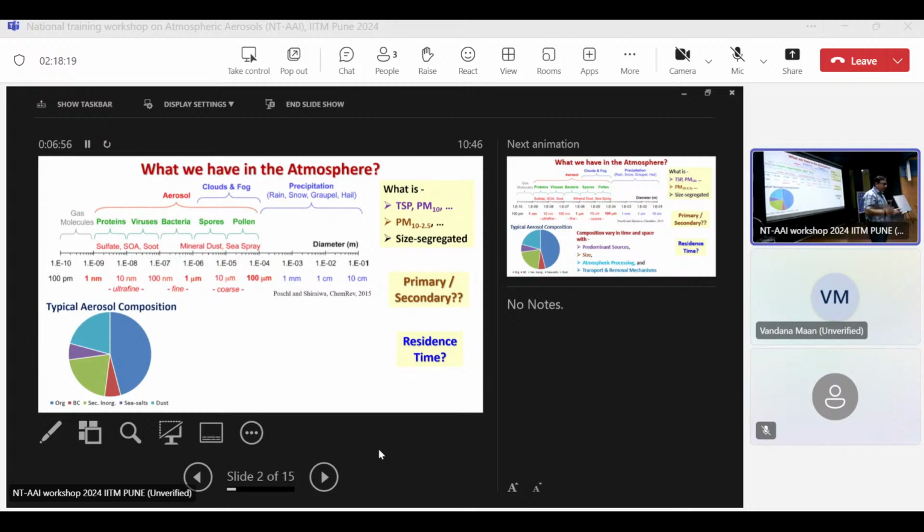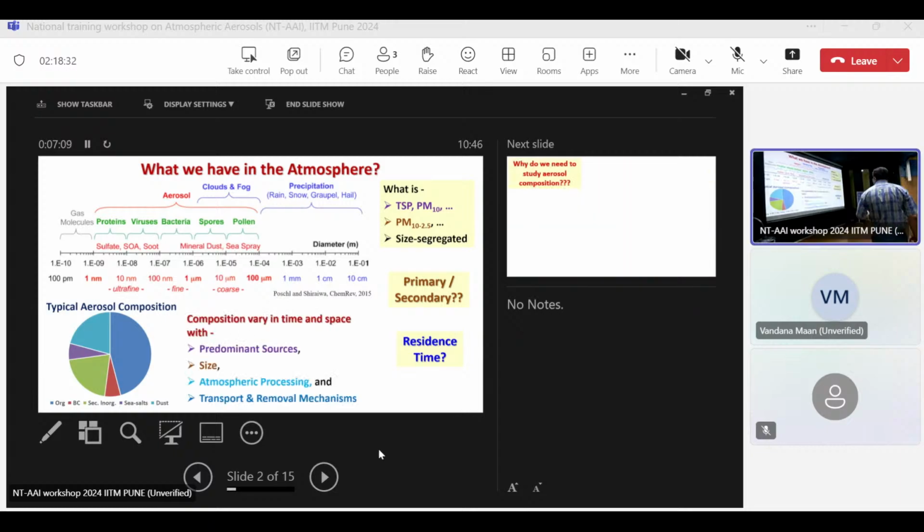Now at a given site, do you expect the composition to be the same or different? Different, obviously. So what are the factors which will decide the composition of aerosol? I listed a few. Obviously composition varies in time and space.